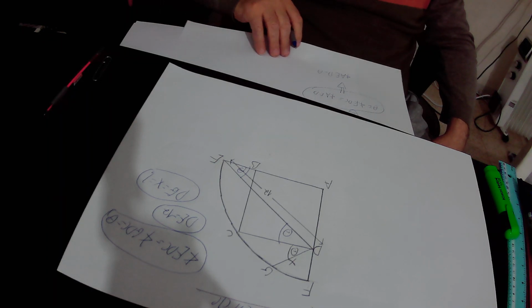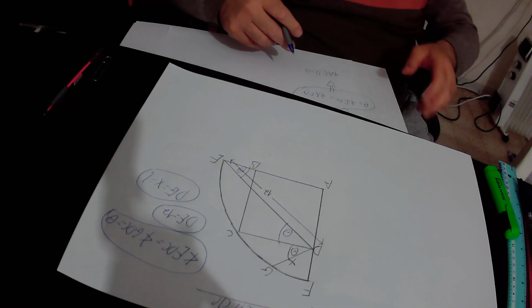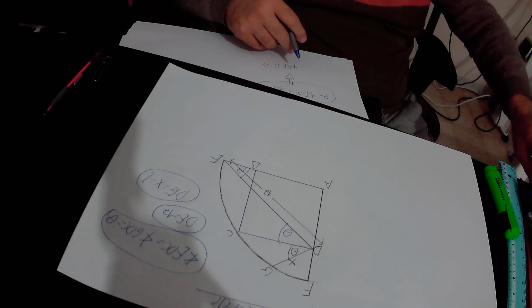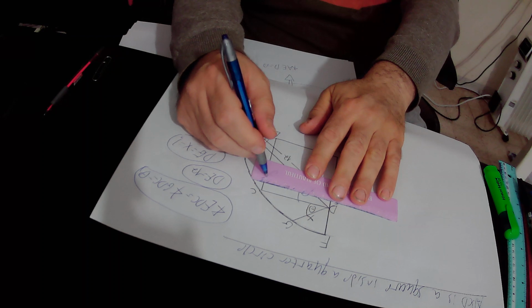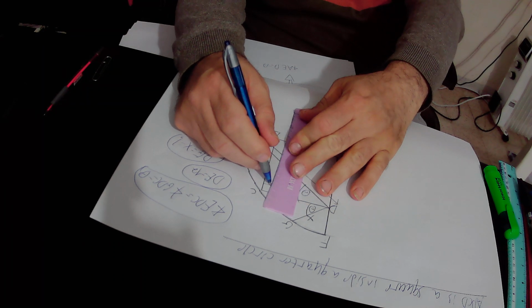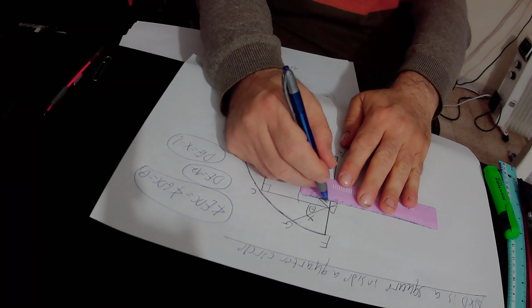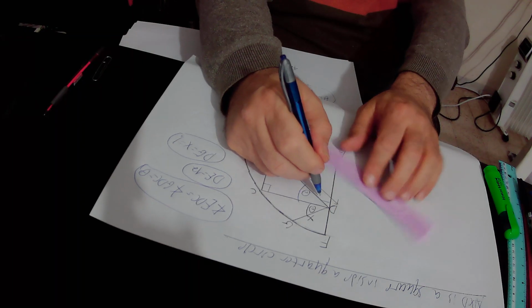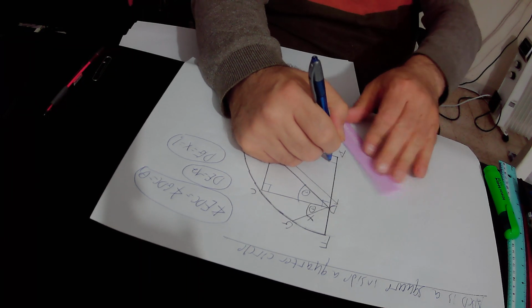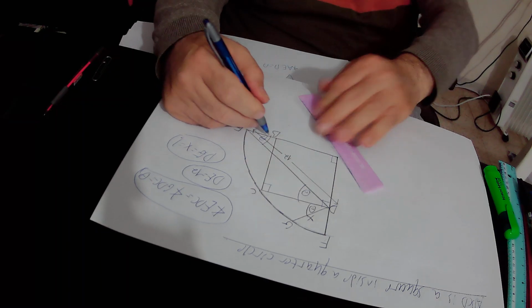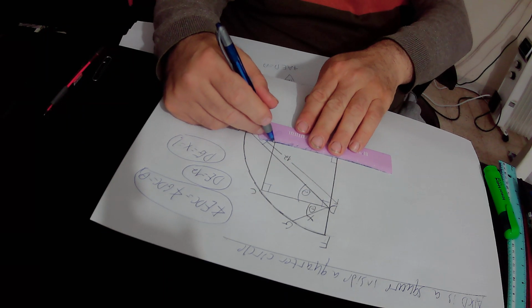We know also that all the angles inside square ABCD are right angles, so this angle is a right angle, this angle is also a right angle, this is also a right angle, and this is also a right angle.